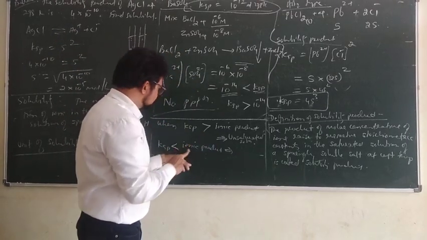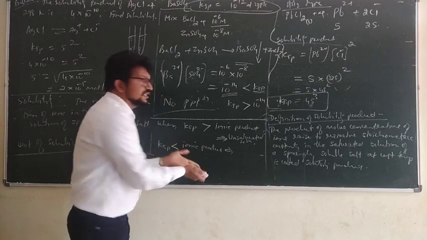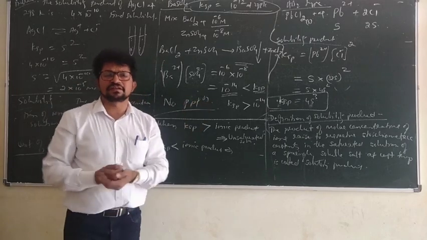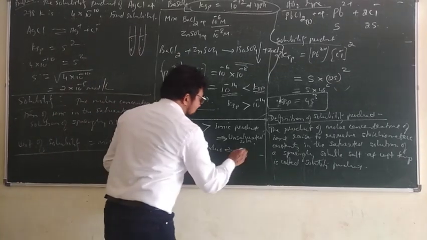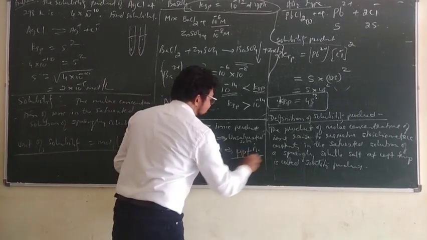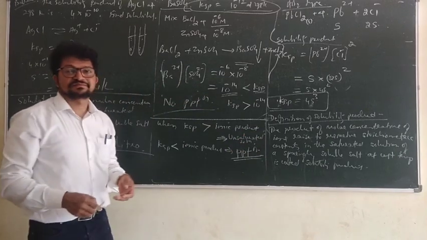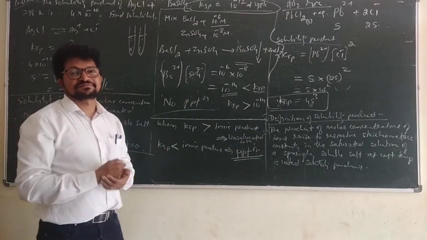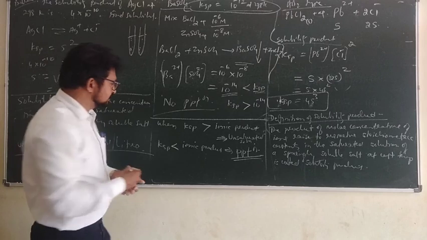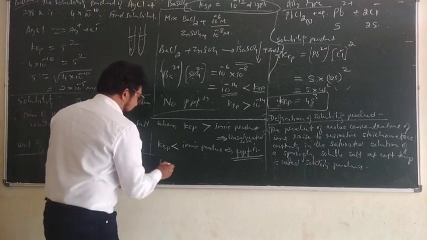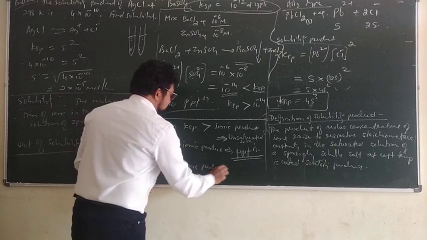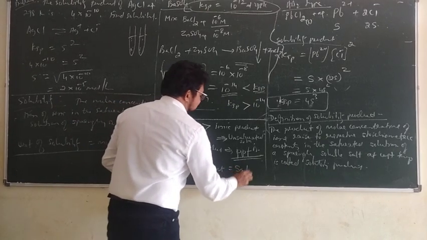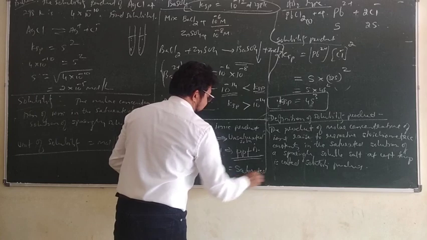Now, when you mix the two, if KSP is less than ionic product, ions will not stay soluble. Ionic product is more. What will happen? Precipitation. Understand? Then KSP equal to ionic product, neither precipitation nor unsaturated, it is a saturated solution.